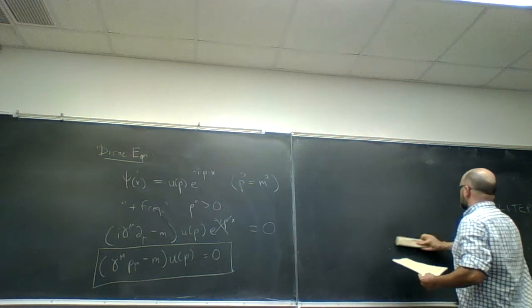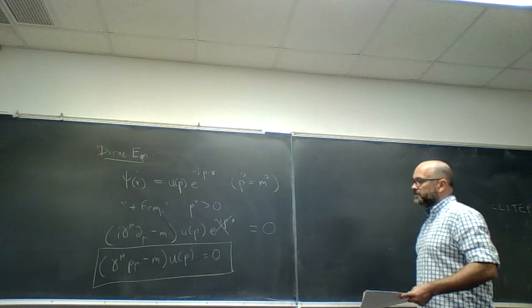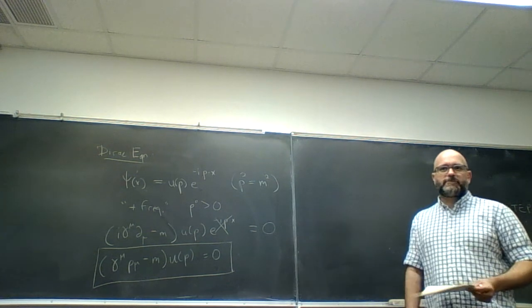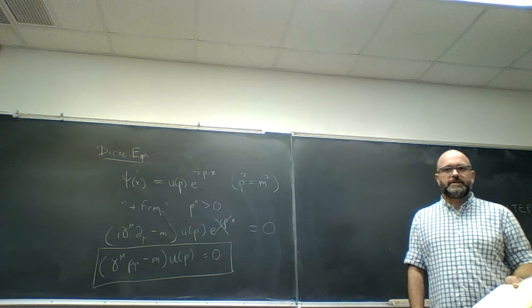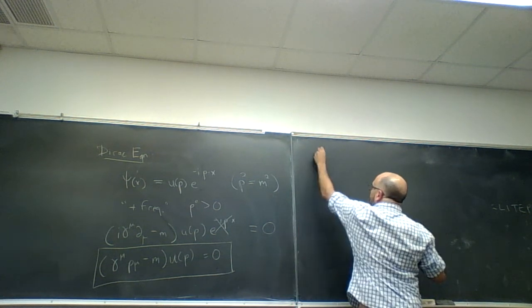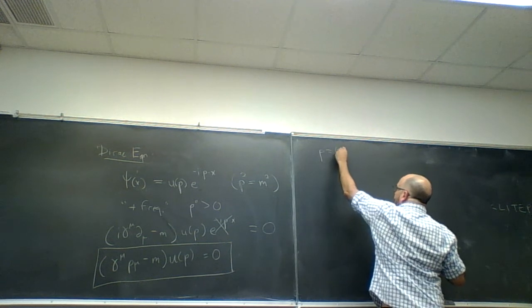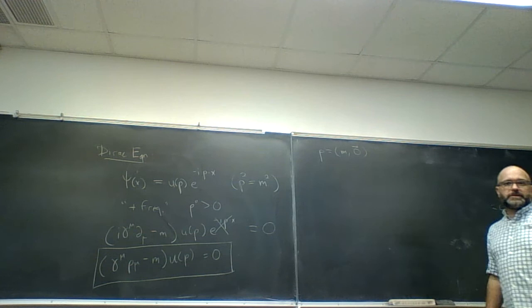And the easiest way to do this is not to just start in some general reference frame, but to start in the easiest reference frame there is, which is the rest frame. Okay? In the rest frame, the 4 vector p is just what? It's just the mass. Okay? It's got no free momentum.